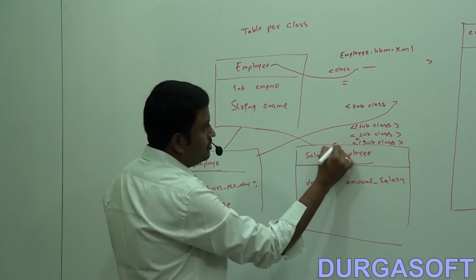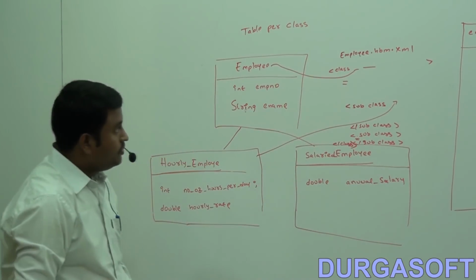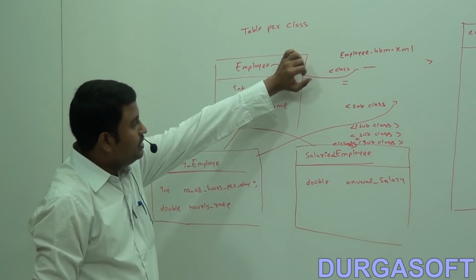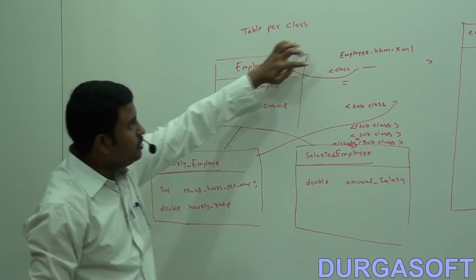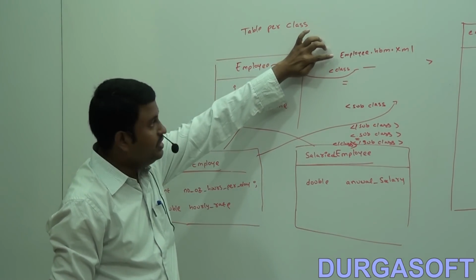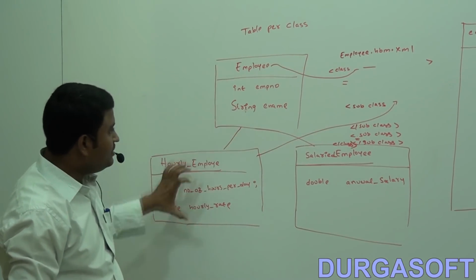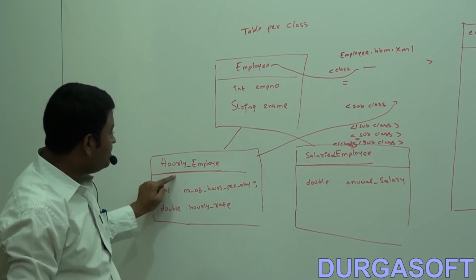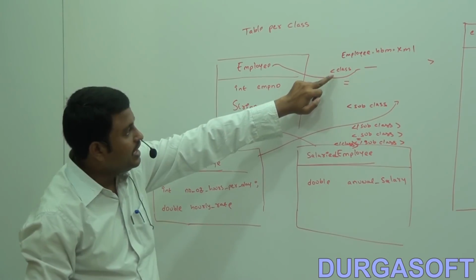In this table for class hierarchy we use only one hbm file. In this file we map both parent information and child information. To map child information we use the subclass tag of the class tag.